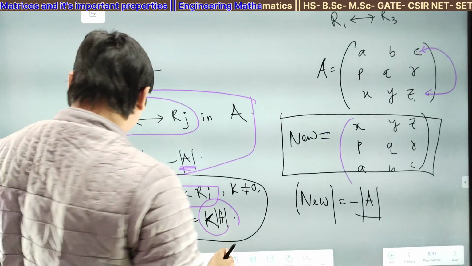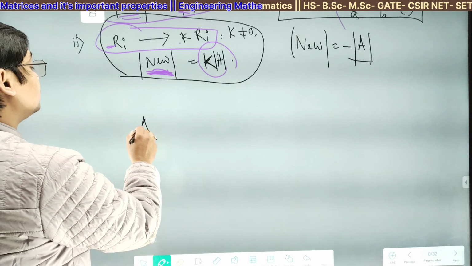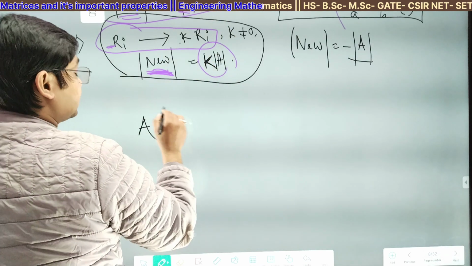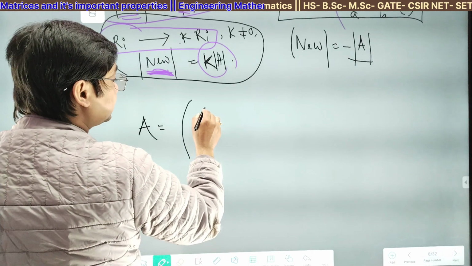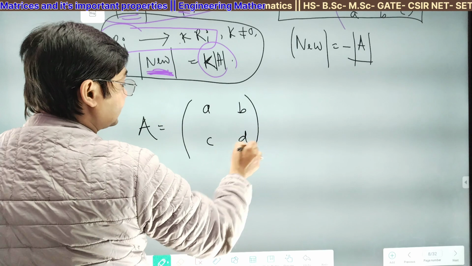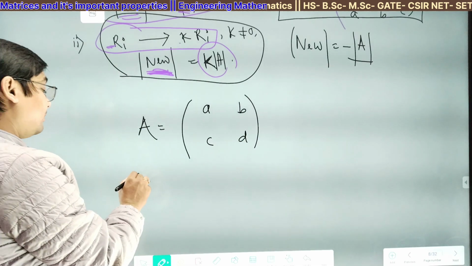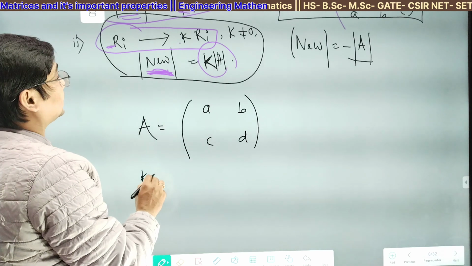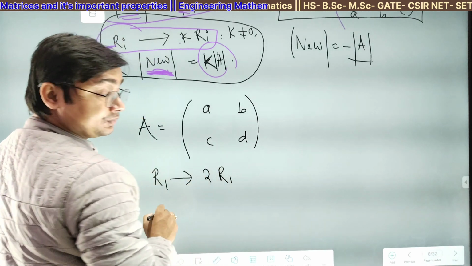So here you see what we do here. Suppose if we want to do this thing, okay, suppose here I will consider an example first. Suppose here A B C D is a matrix. So suppose this is our old matrix. Then if I replace R1 by twice of R1.